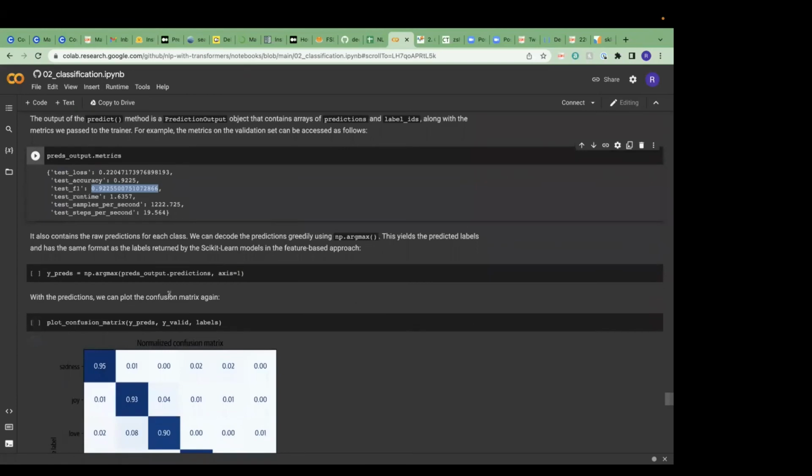And then it uses the kind of greedy rule to decide what the final class is, which is just taking the argmax, or the max label, of your output predictions. So your predictions are the output of a softmax layer.